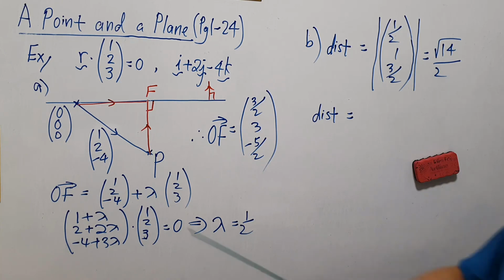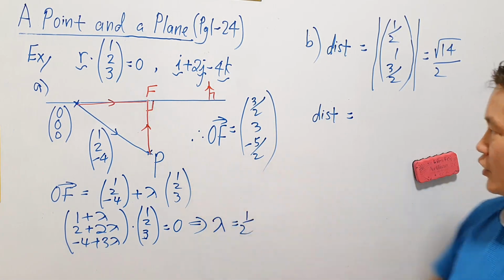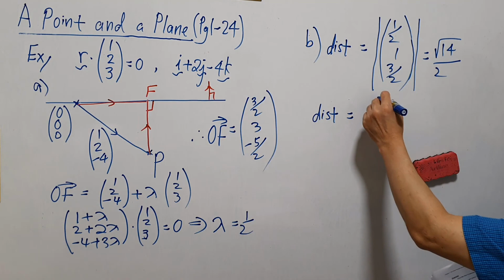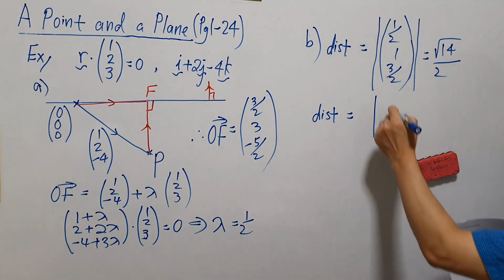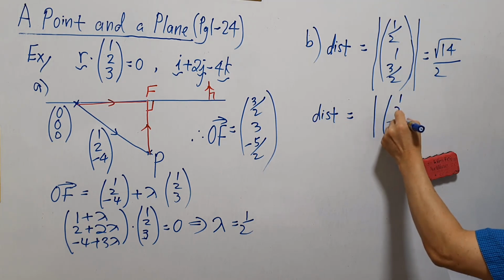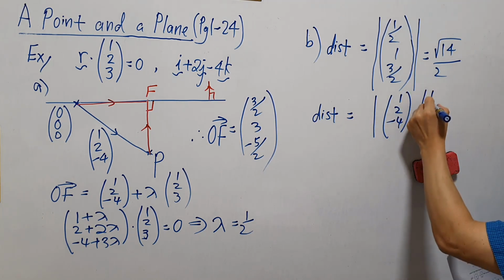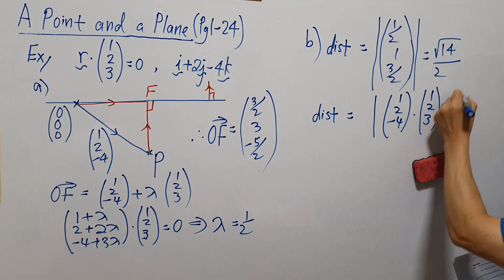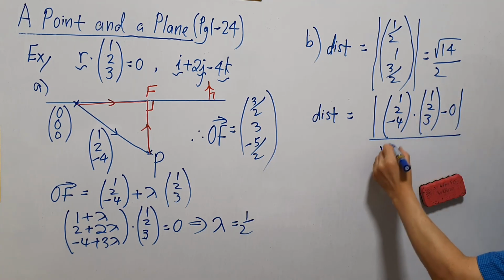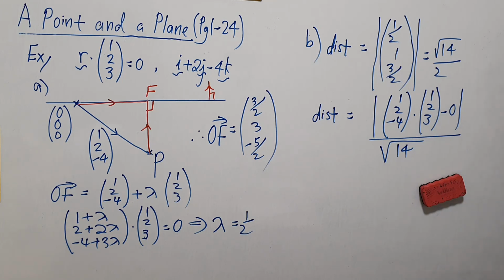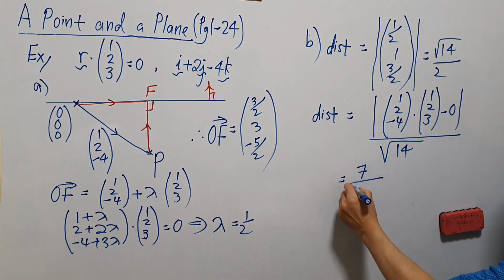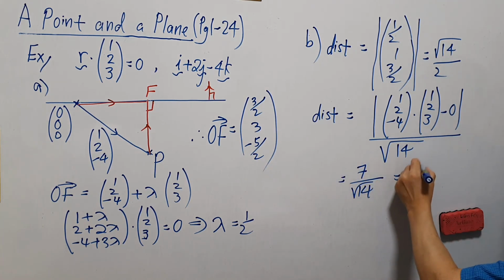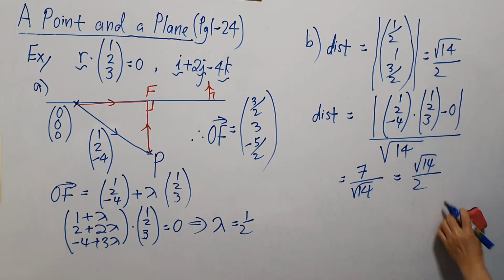If you got a point like this, and then the plane like this, to find the distance between them, you take the point in question, (1, 2, -4), dot with (1, 2, 3), then minus the right hand side, and divide by the magnitude of the normal vector n. And let's see what you have again. If you do your arithmetic, it is 7 over root 14, and this is the same as root 14 over 2. It's the same.